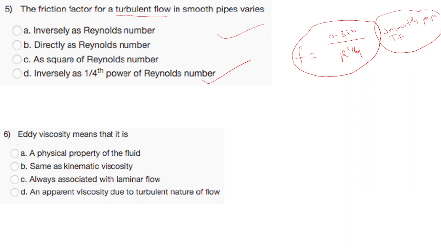So the next question is very interesting. Eddy viscosity means that it is a physical property of fluid, same as the kinematic viscosity, always associated with laminar flow, and apparent viscosity due to turbulent nature of flow. So please think on that. You have the one or two here, then I will discuss.